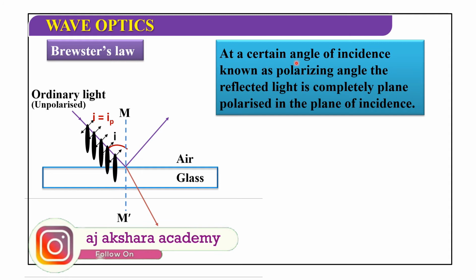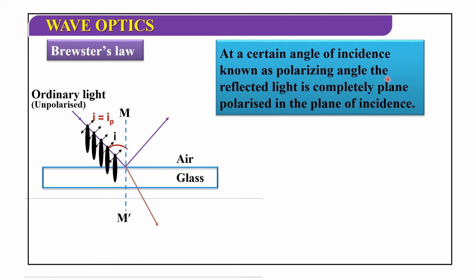At a certain angle of incidence known as the polarizing angle, the reflected light is completely plane polarized in the plane of incidence.